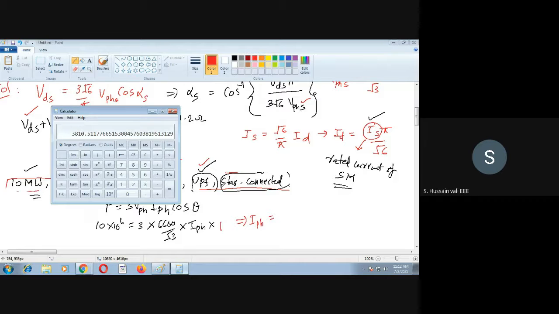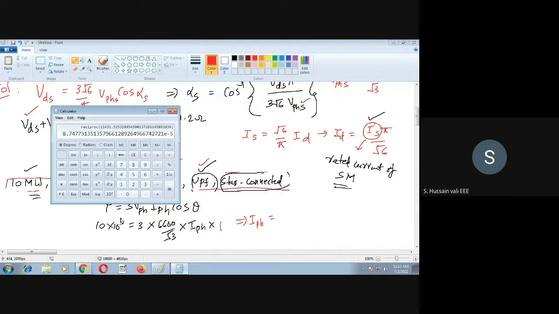Into 3, into 3, inverse of that, then we multiply with 10. 10 power minus 1 is 10 power 6.